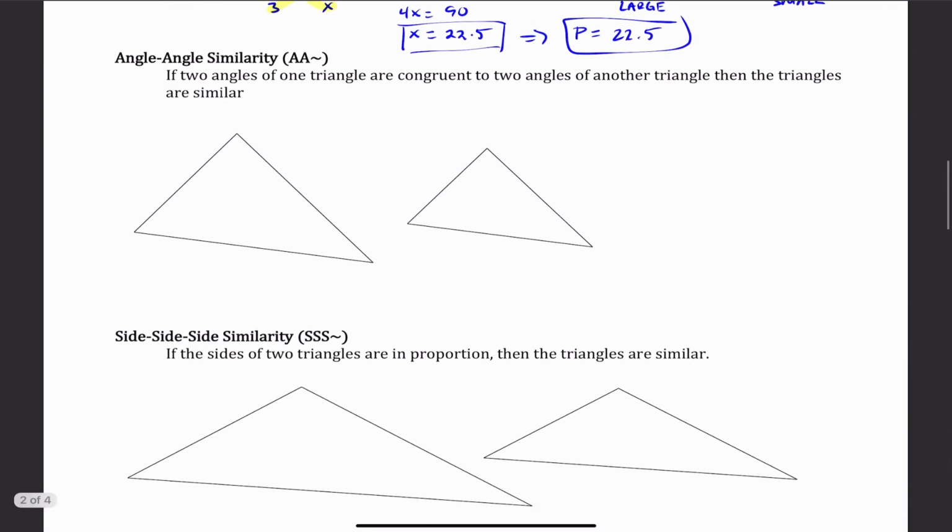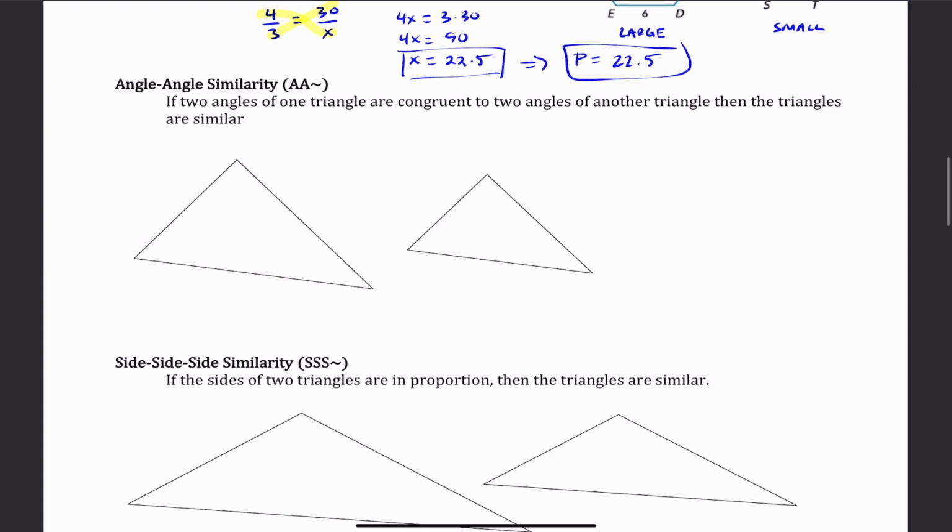These things are familiar because we talked about how to prove triangles congruent using shortcut theorems: side-side-side, side-angle-side, angle-side-angle, and angle-angle-side, right? So the angle-angle similarity theorem states that if two angles of one triangle are congruent to two angles of another triangle, then the triangles are similar.